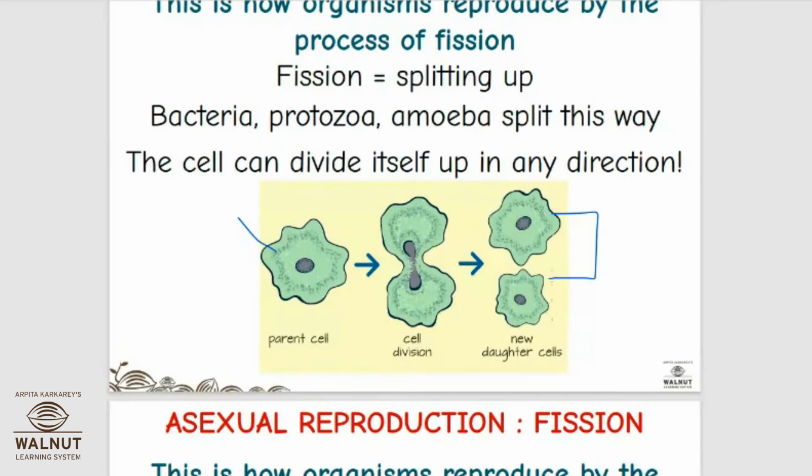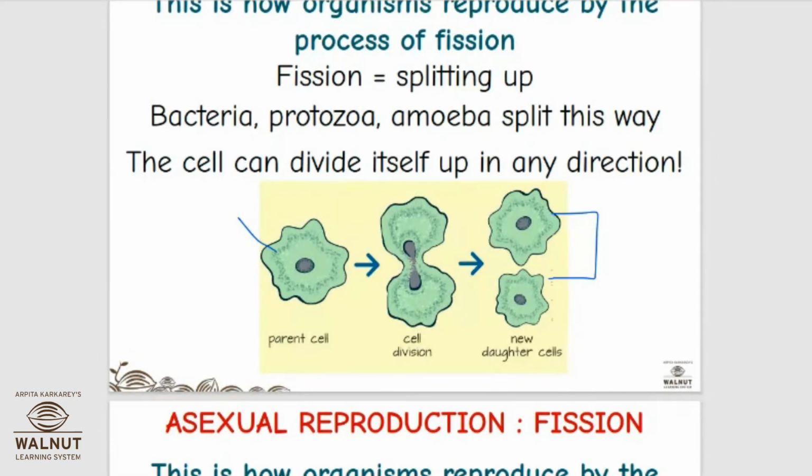You can see some examples given to you here. So bacteria, protozoa, amoeba, you can see amoeba's picture on the screen. These are some unicellular organisms which divide by the process of fission, and this is binary fission. Is it clear till now?